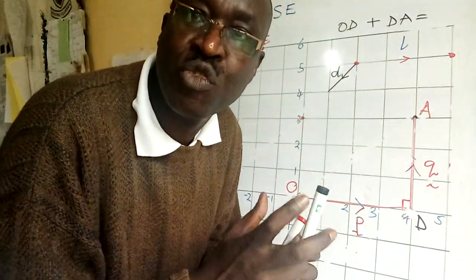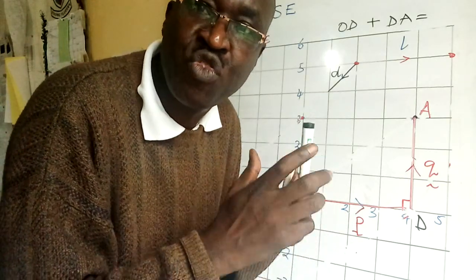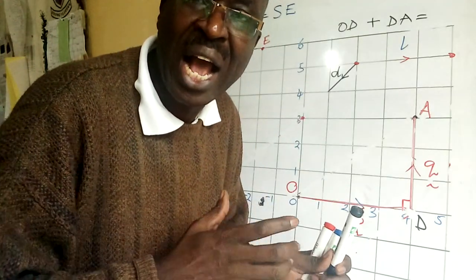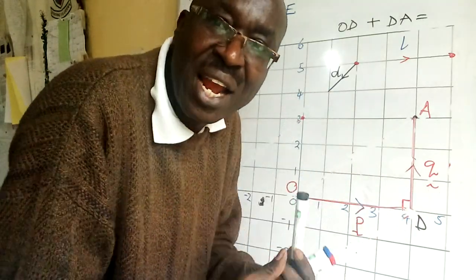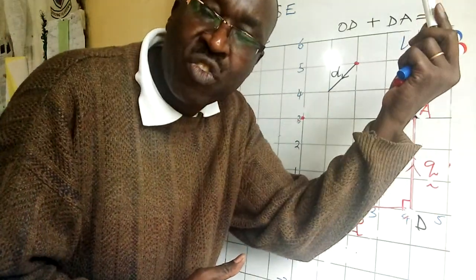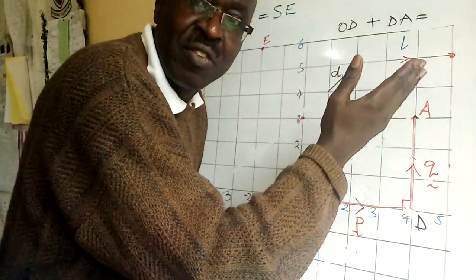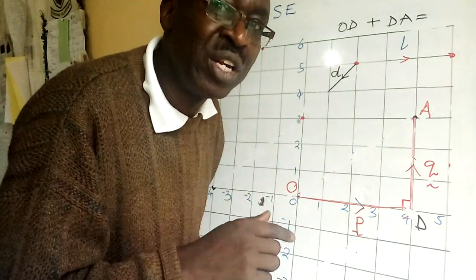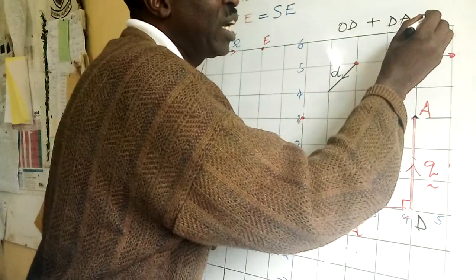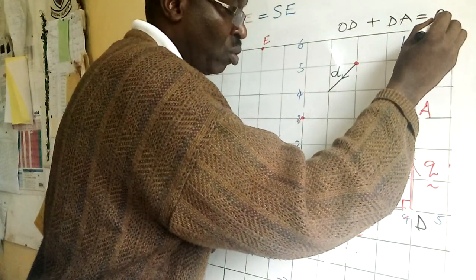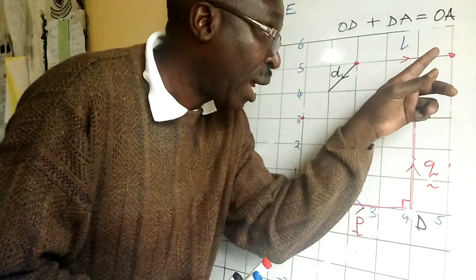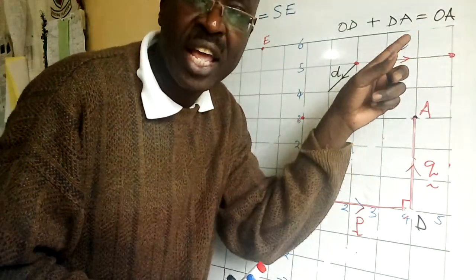Those are movements. Those are two vectors. One ends, another one starts off. If you started your journey at O, when you are asked where you are going, you would have said, I'm going to A. This one is OA.